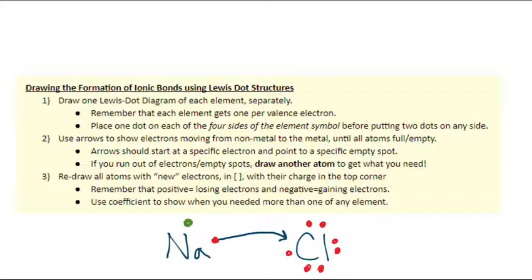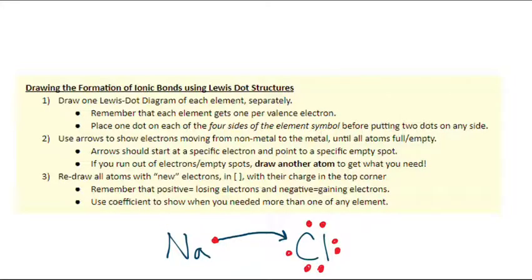So what we would do in this situation is draw another chlorine to get another space so we can get all of our atoms completely full and empty. And as long as that chlorine still has the same 7 valence electrons as the one that we drew before, then it's perfectly fine to just draw another one to get what we need.